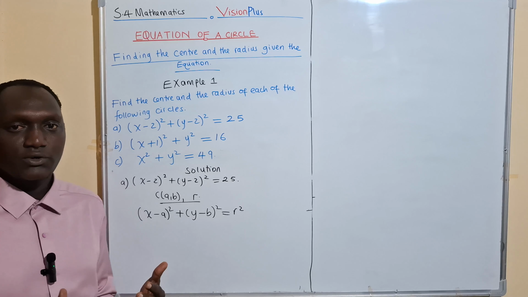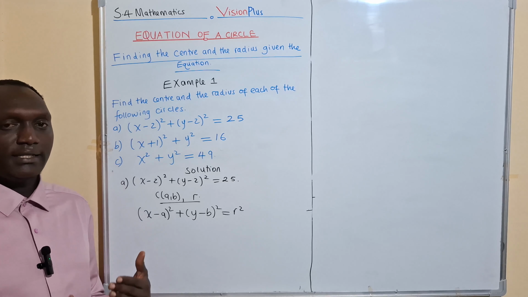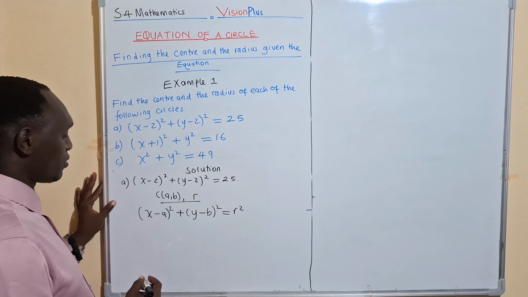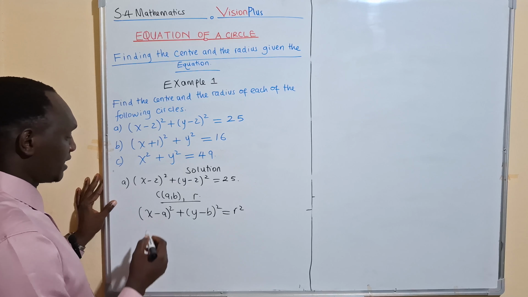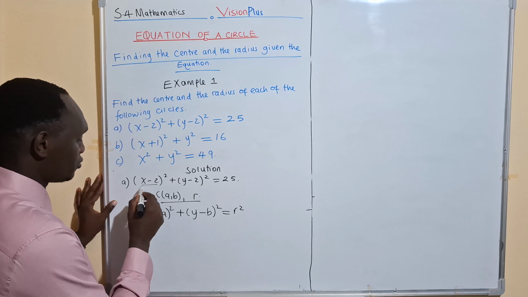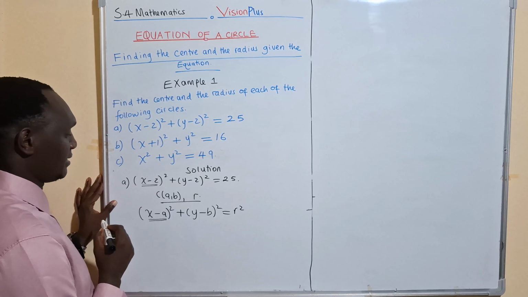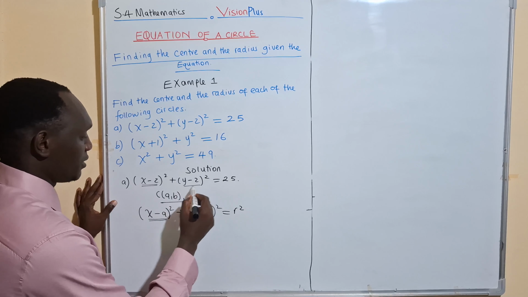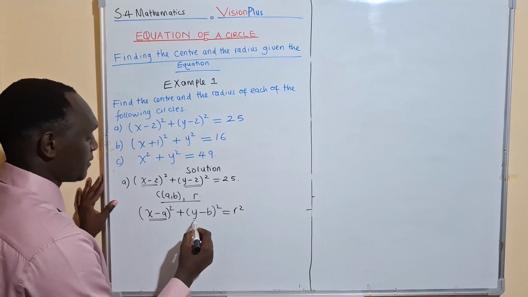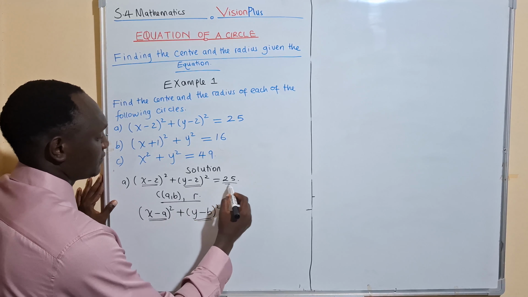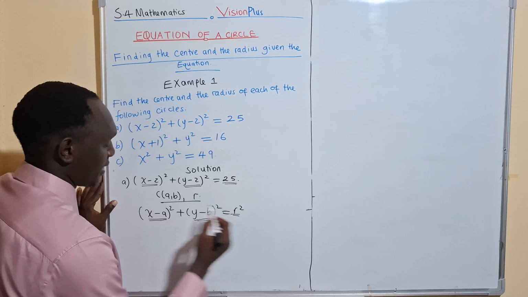So we are going to just compare, and then we'll see which terms correspond. On comparing, we shall see that x minus 2 here corresponds to x minus A, y minus 2 here corresponds to y minus B, and 25 corresponds to R squared.